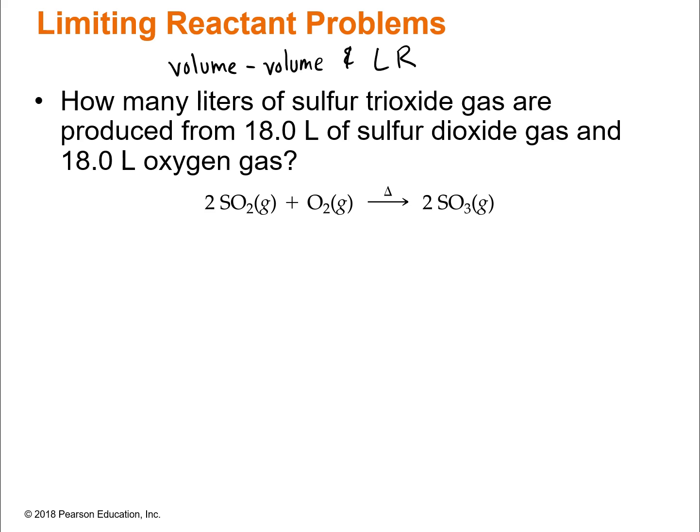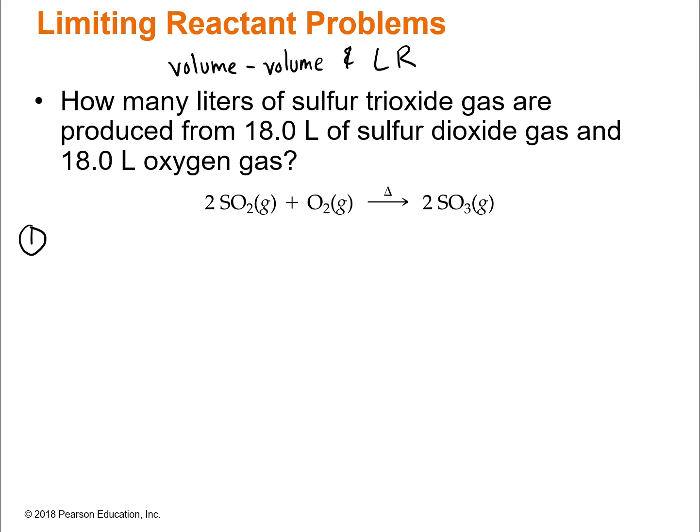I'm going to go ahead and get started with setting up the problem. We said it's volume to volume and limiting reactant. That means we've got two problems to solve.